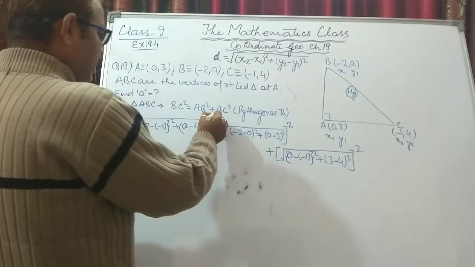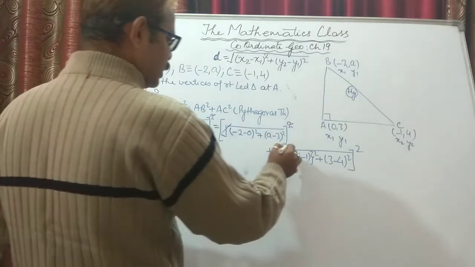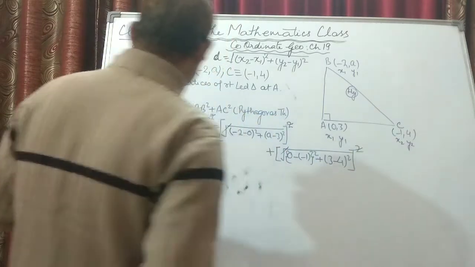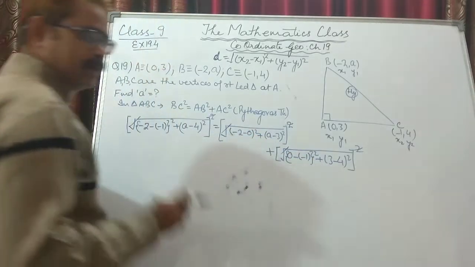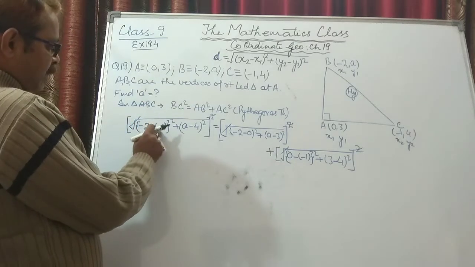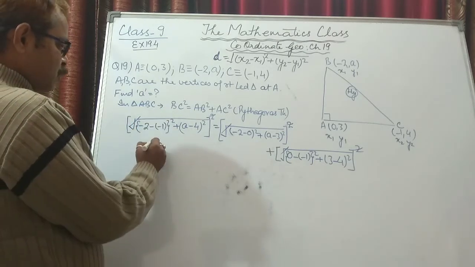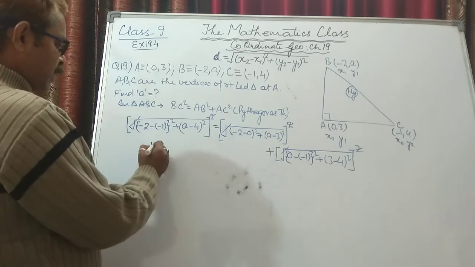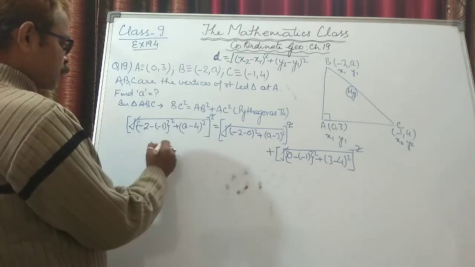Now with this square, this root is cancelled, with this square, this root is cancelled, and this root is cancelled by this square. Now what is left? Only to open the brackets with the formula either a plus b whole square or a minus b whole square. Minus 2 and this is plus 1. Minus 2 plus 1 is minus 1, and minus 1 square is always 1. 1 into 1 is 1 plus. This will be opened with the formula of a minus b whole square.